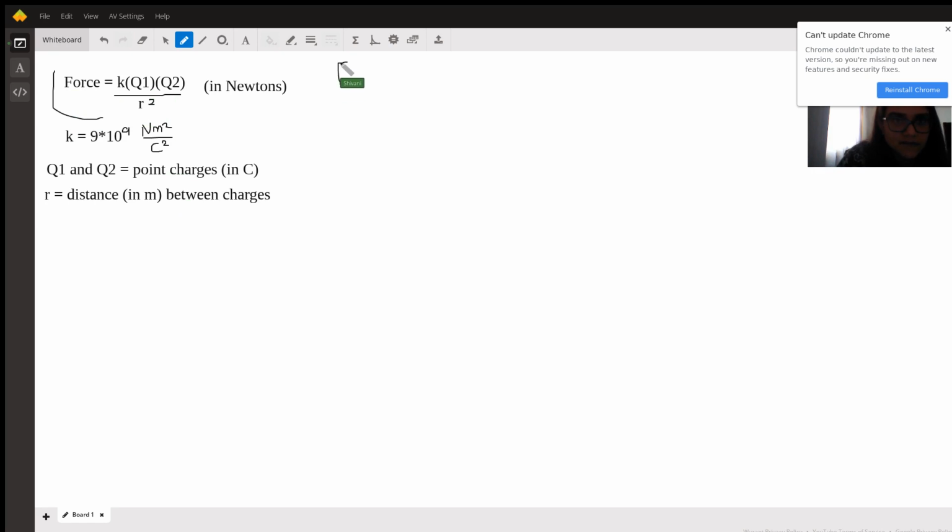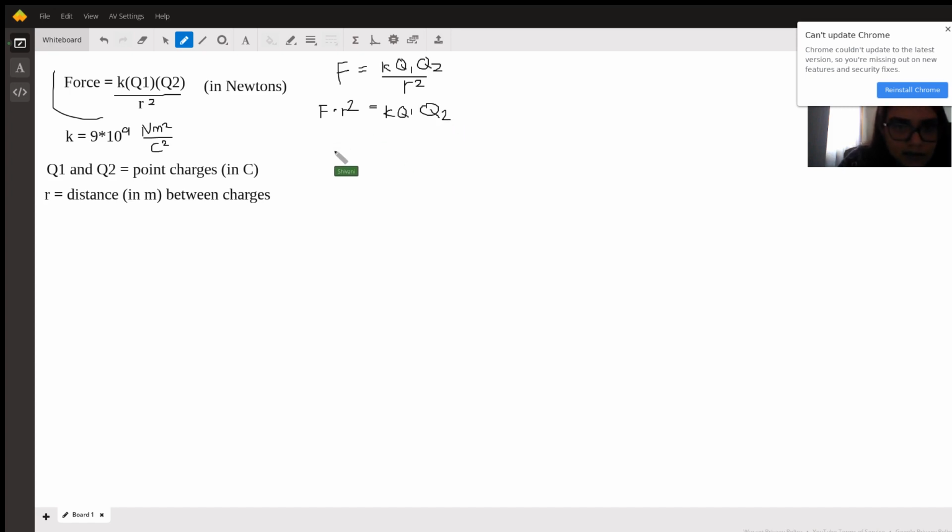So F is equal to K Q1 Q2 over R squared. So we can rearrange it such that F times R squared is equal to K Q1 Q2.